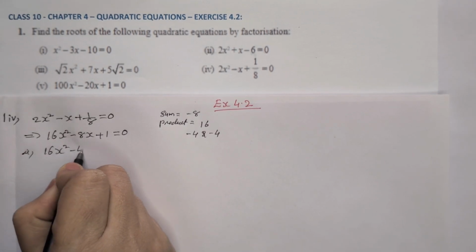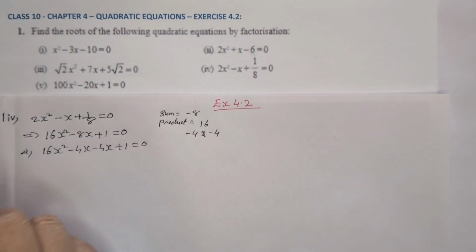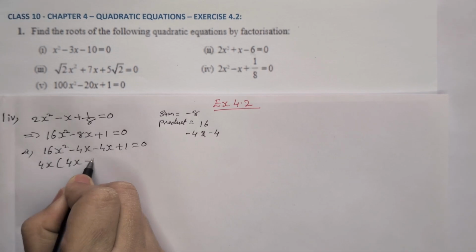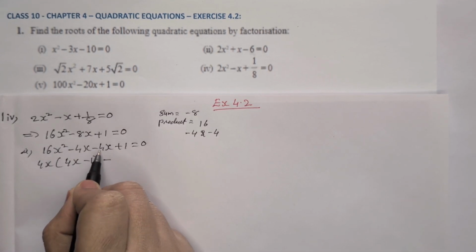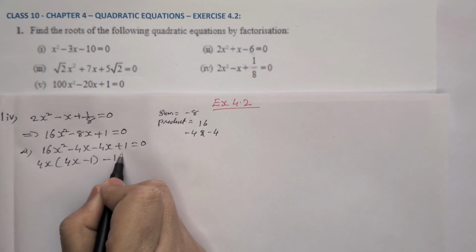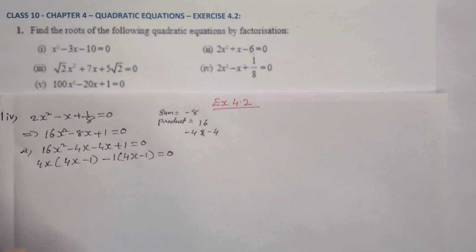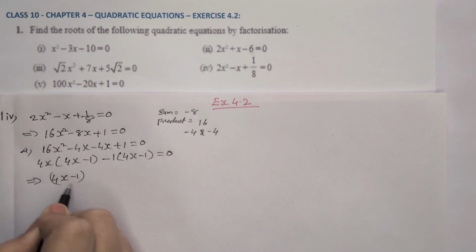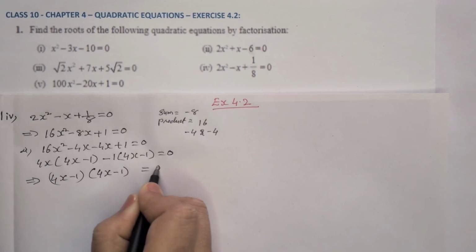16x square minus 4x minus 4x plus 1 is equal to 0. 4x we can take as common, then 4x minus 1. From here 1 we have to take as common, but to make the sign the same, take minus 1 as common, 4x minus 1 inside the bracket. Again 4x minus 1, that bracket is common, 4x minus 1 is equal to 0.